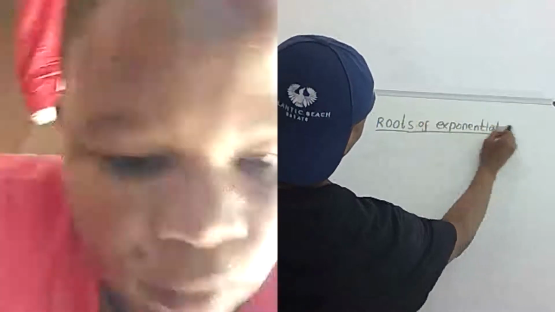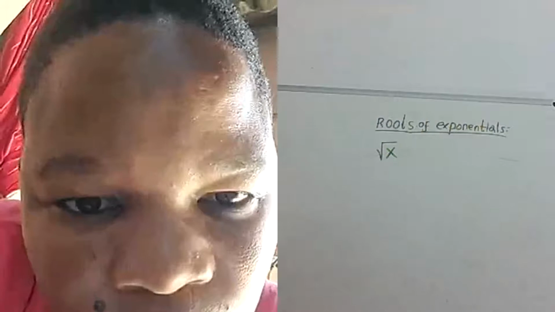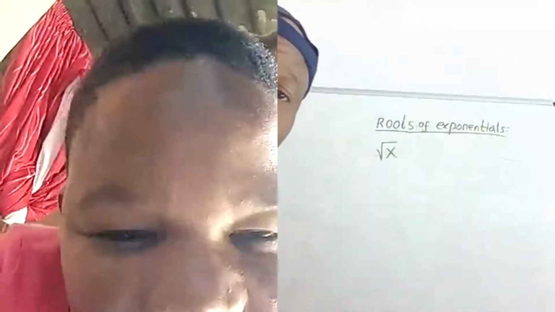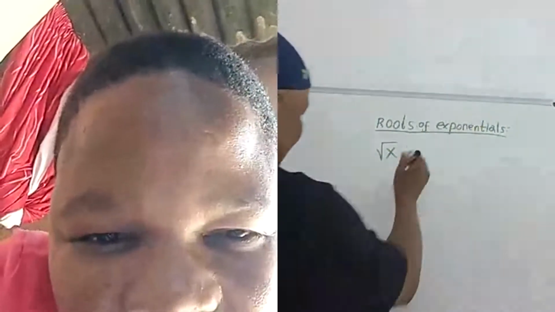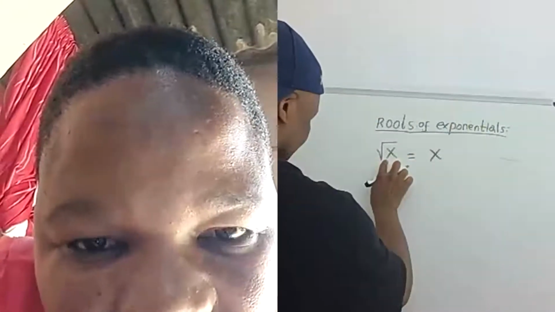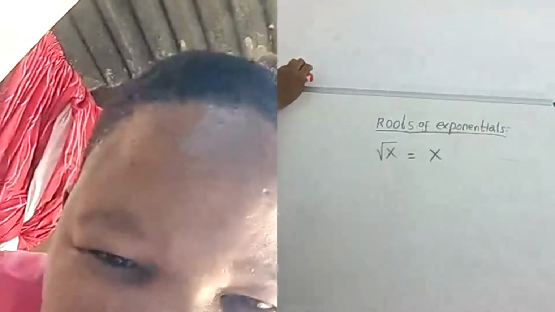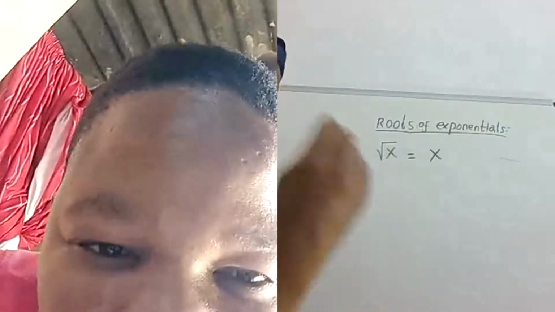What does that mean, root of exponential? If somebody gives the root, what does that mean? I change it to the exponential. So you write your x. Look, if there's no number here, which number is there? Number 2.